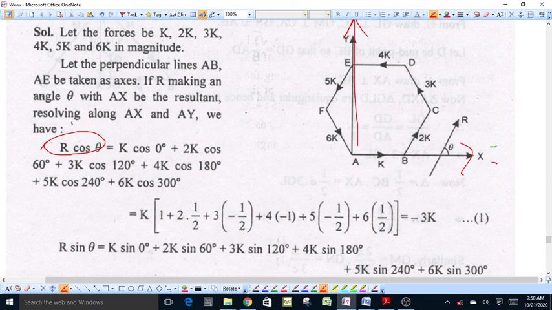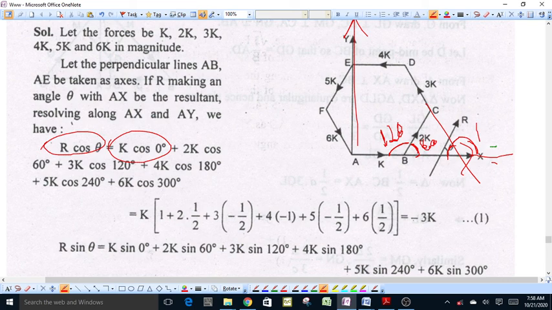The x component of force k which acts along AB is equal to k cos 0, because k makes an angle 0 with the positive direction of the x axis, and that of 2k is 2k cos 60, because this angle is 60. In a regular hexagon each internal angle is equal to 120, this angle is 120, therefore this angle will be equal to 60, and that of 3k, this is again 60, and this angle will be equal to 120.